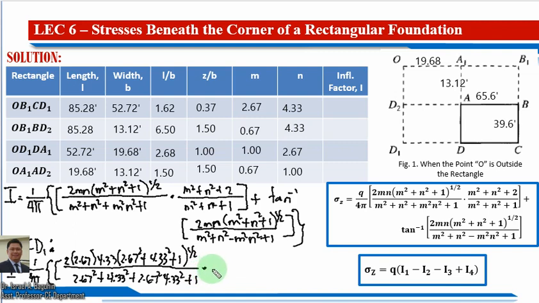Then we multiply this with 2.67 squared plus 4.33 squared plus 2, all over 2.67 squared plus 4.33 squared plus 1, and then plus the inverse tangent of this quantity.